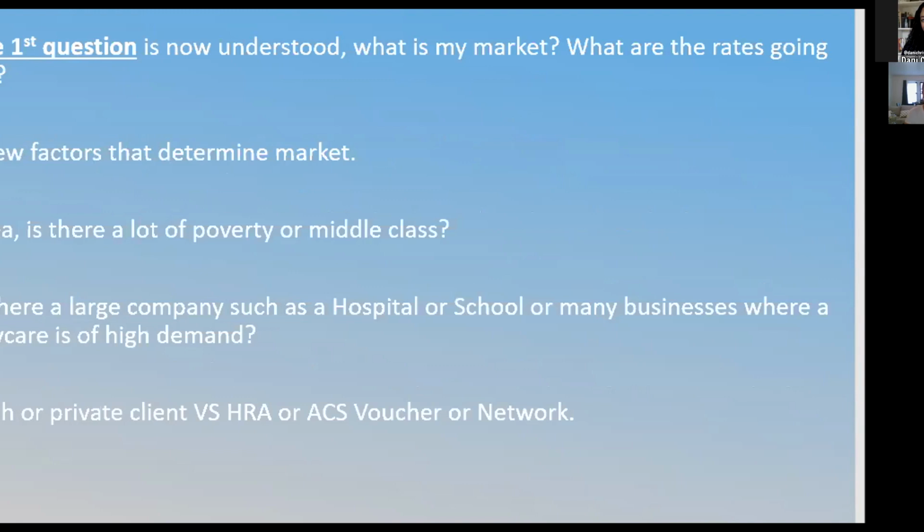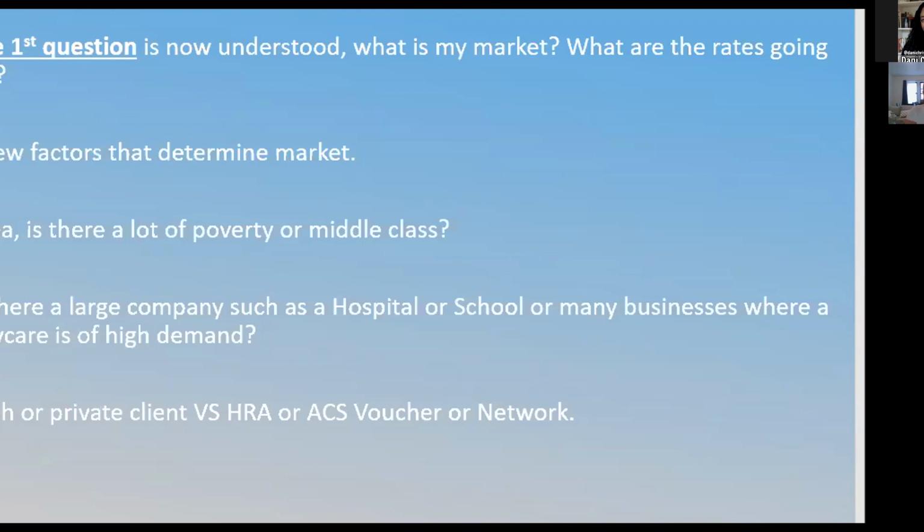In the Bronx, I'm going to give you an example. You can have areas where there's a lot of poverty and areas with more middle to higher income. And what happens is that depending on the location of the daycare is how much you're allowed to charge. I know daycares in Inwood that charge $500 a week per child. And I know daycares here in the Bronx that cannot even get over $180.